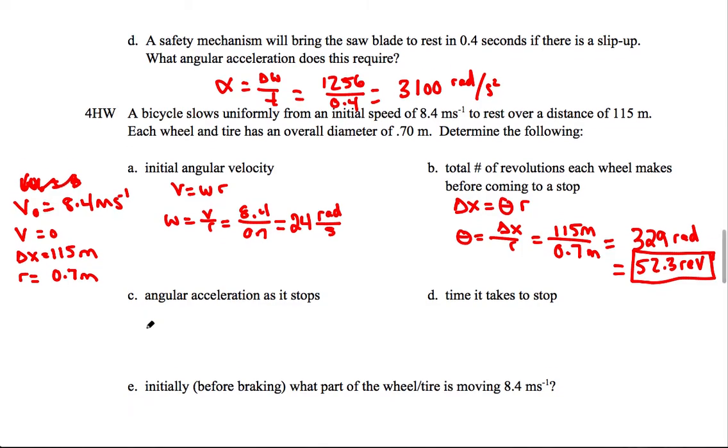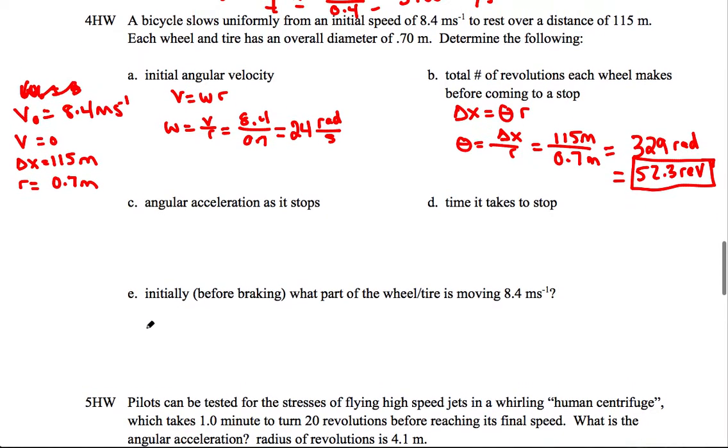Angular acceleration as it stops, well, my angular acceleration is my change in omega divided by time. So my initial angular velocity is this. My final angular velocity is 0, so that is 24 rad per second divided by my time, which we don't know.